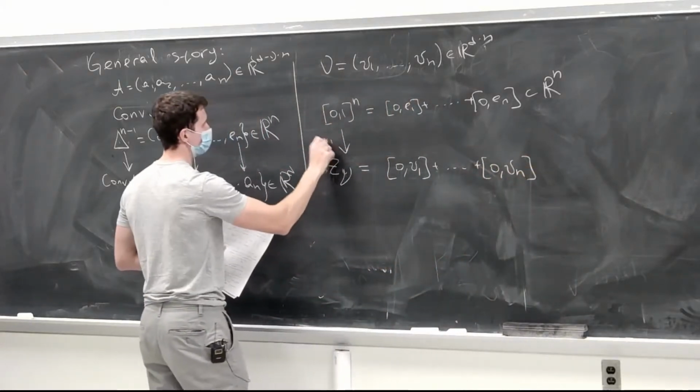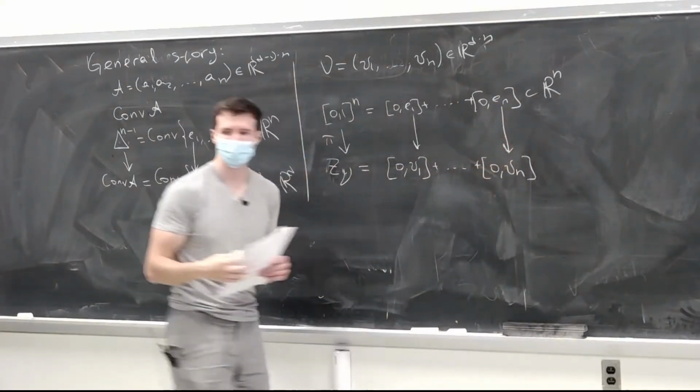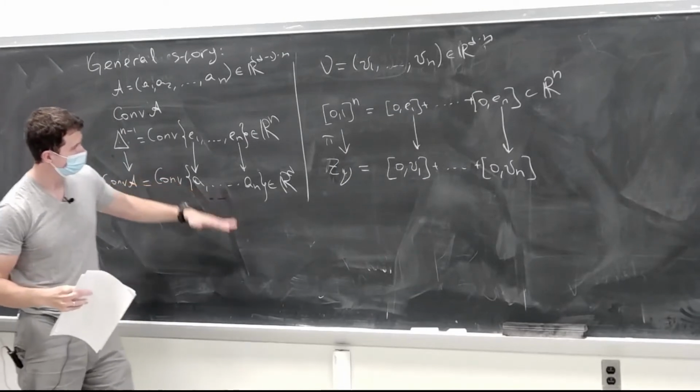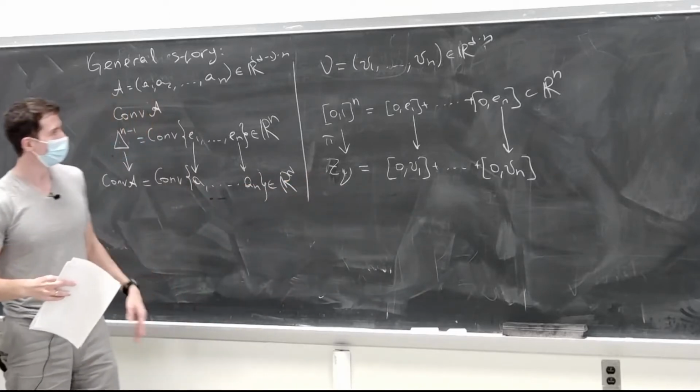Again, there is a projection pi which sends E1 to V1 all the way up to En to Vn. As you remember, here we have triangulations, here we have zonotopal tilings. These have different definitions, but the whole story is similar.